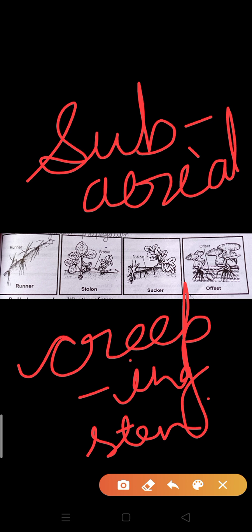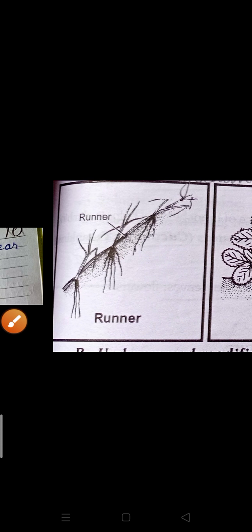Creepers generally grow along the soil. Clear? They are just runner type. So the first modification is the runner. That thing I am going to explain to you. You can see here the runner, you have seen it in doob ghas.